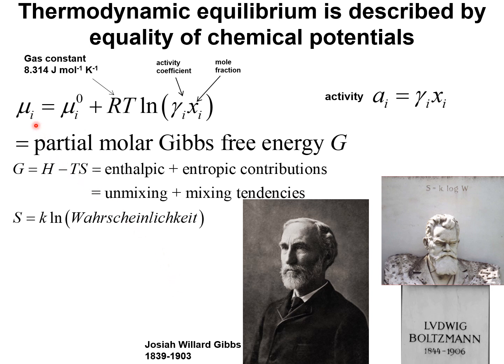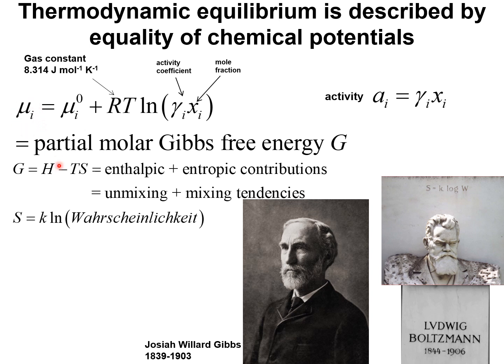For two phases that are in thermodynamic equilibrium, the chemical potential of any component must be equal in either phase. The chemical potential of any component is written as the chemical potential in some standard state plus R times T times ln of the activity, where the activity is the activity coefficient times the mole fraction.